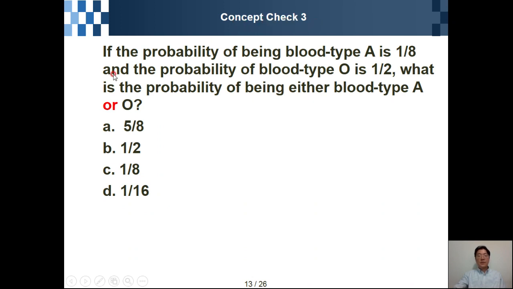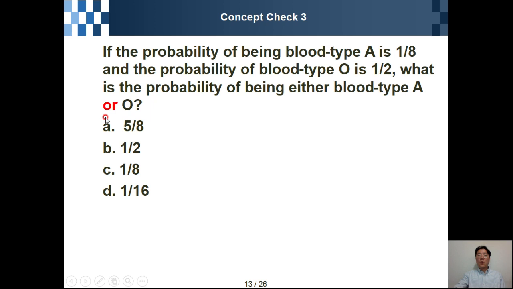Okay. In this slide we will solve concept check 3. If the probability of being blood type A is 1 out of 8, and the probability of blood type O is 1 out of 2, what is the probability of being either blood type A or O?